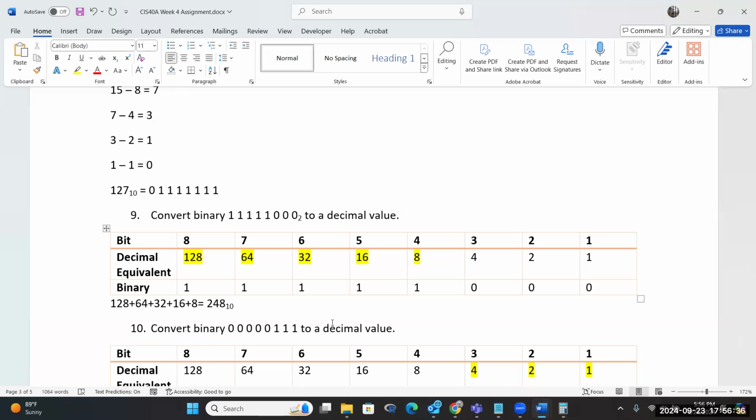So when you go from binary to decimal, you add up the decimal equivalent values for the bits that are on, and when you have the total, that will be your decimal value.